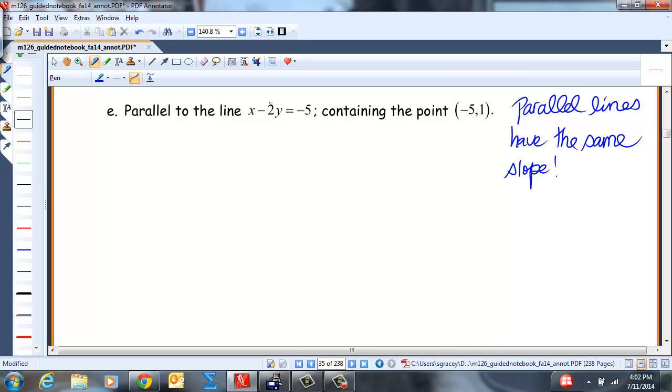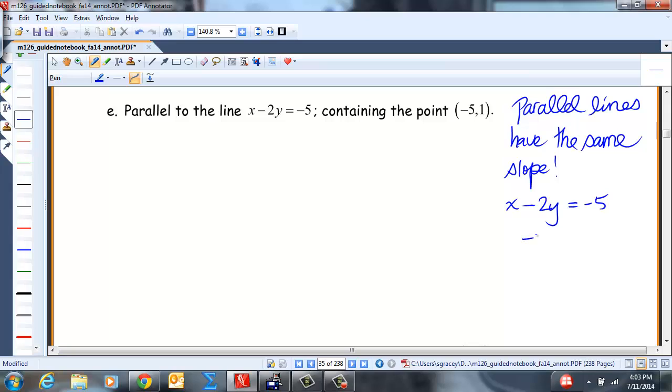So if we found the slope of this line and used it for our new line, it would turn out being a problem similar to one of the ones we did before. So let's check it out. This given line, x minus 2y is -5.